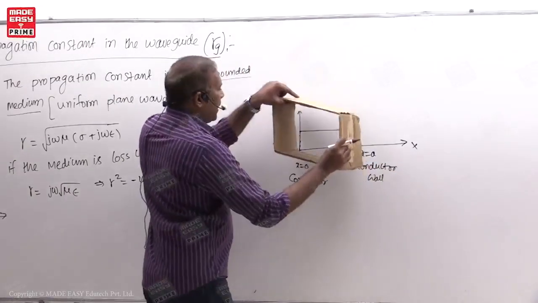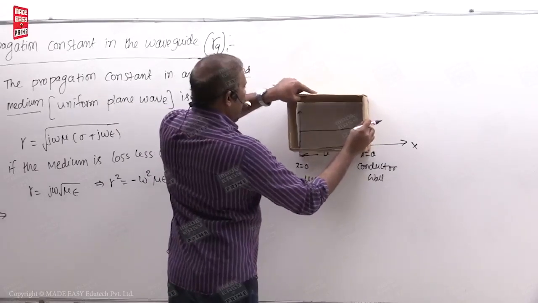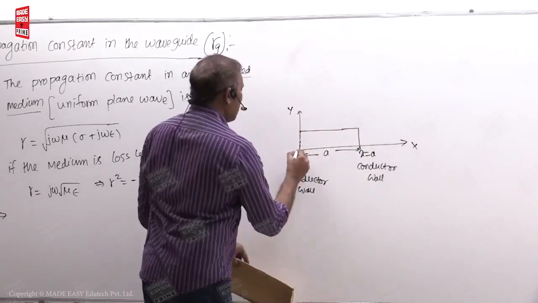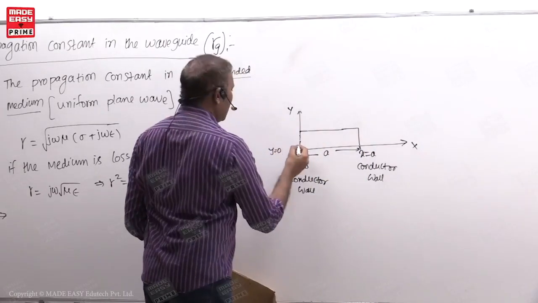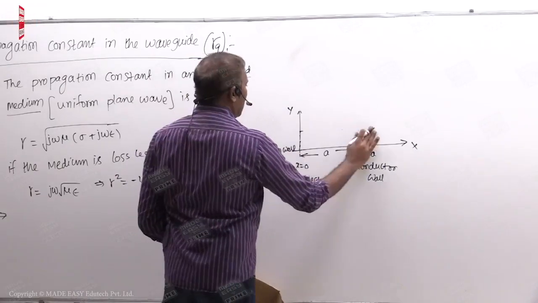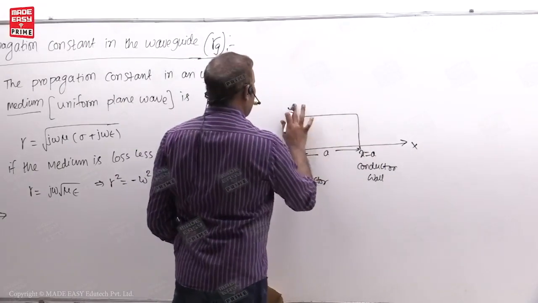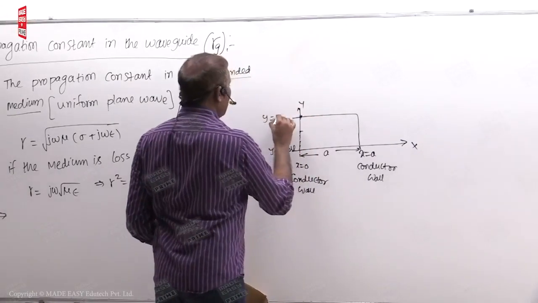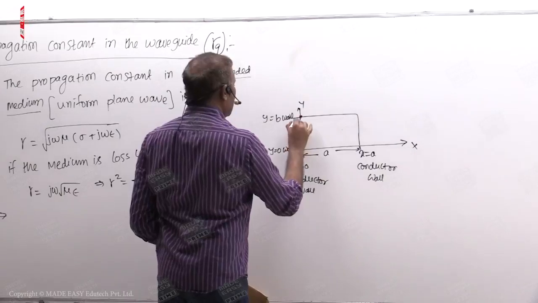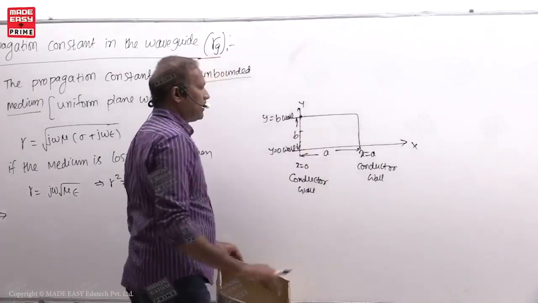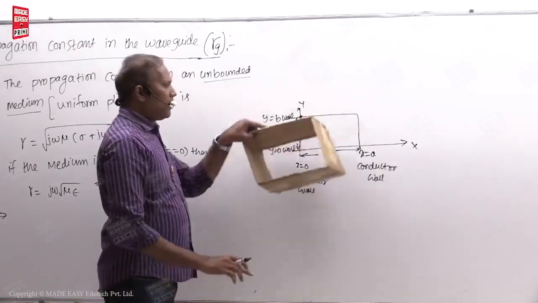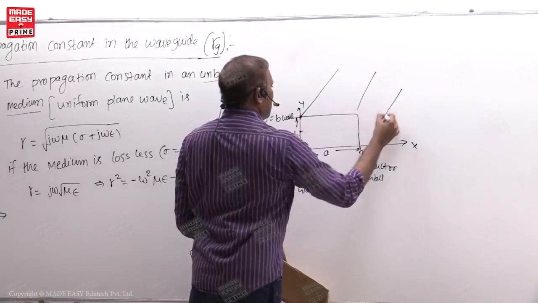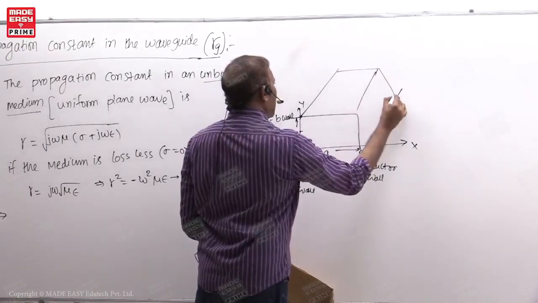Similarly, this bottom one is called y is equal to 0 conductor wall, and the top one, where I am taking height as b, is y is equal to b conductor wall. So how many conductor walls are there? 4 are there.